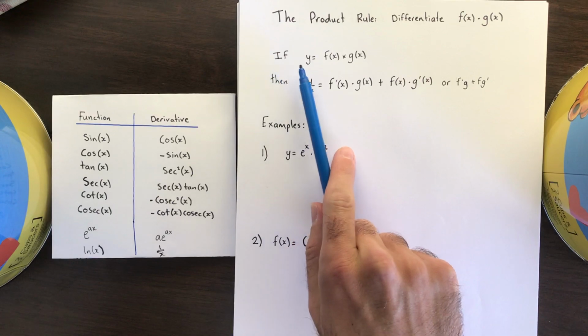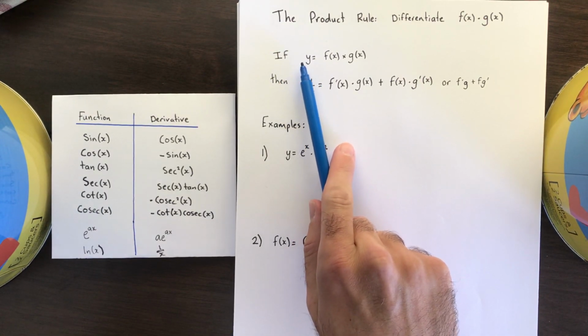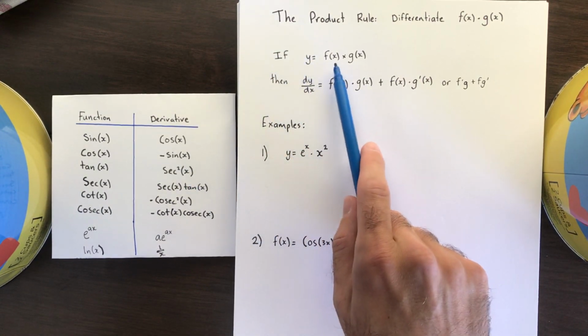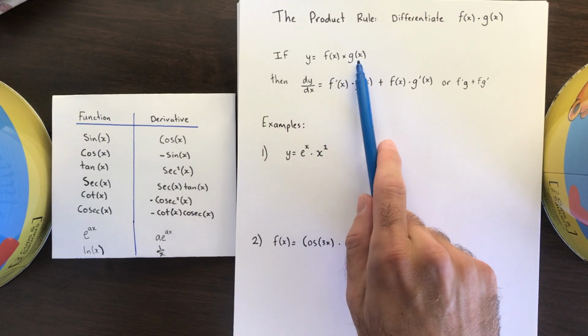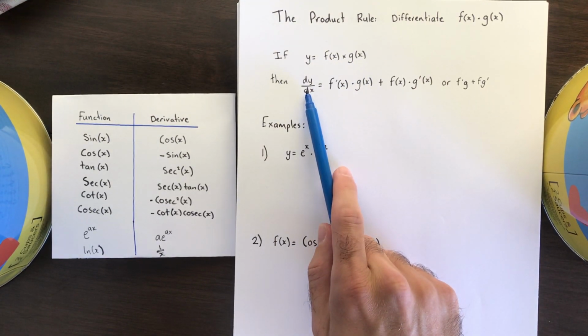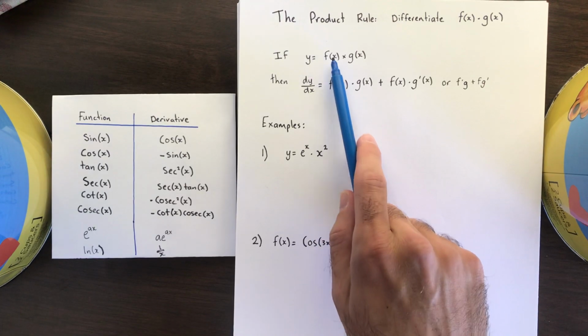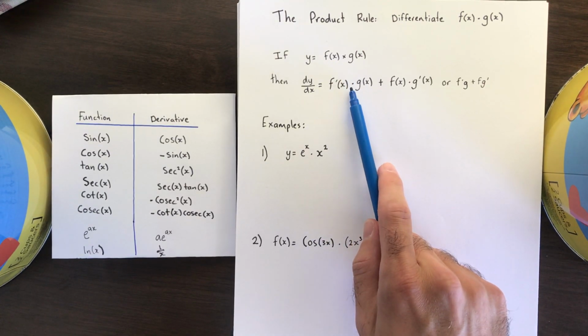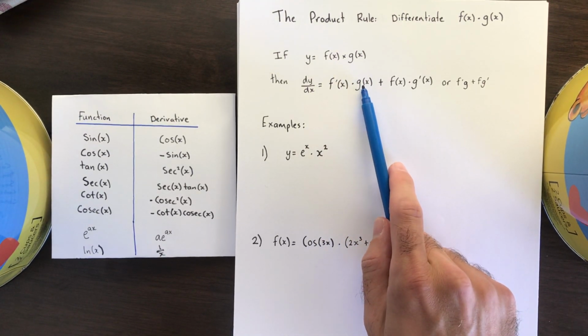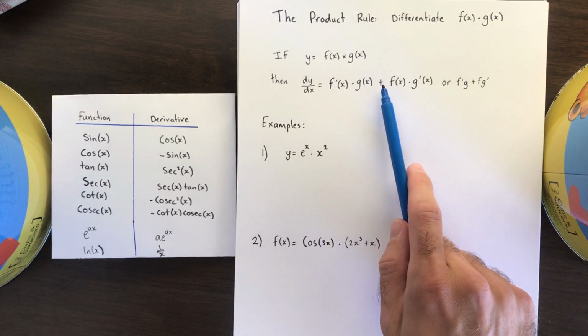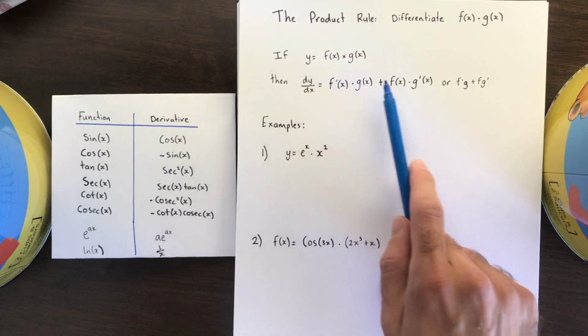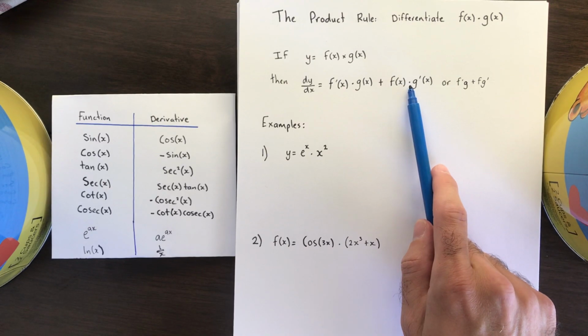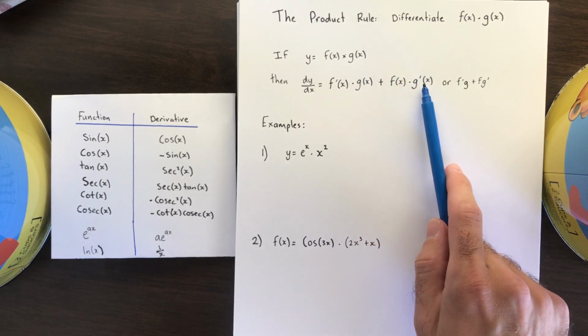So the product rule says if we have some y or some original function that equals two things being multiplied together, to differentiate that, we differentiate the first one and multiply it by the second one not differentiated, and then we add the first one not differentiated multiplied by the second one differentiated.